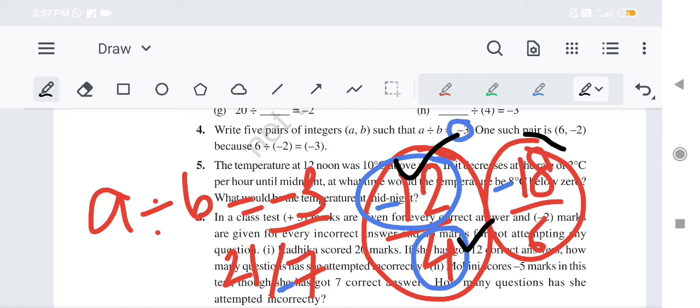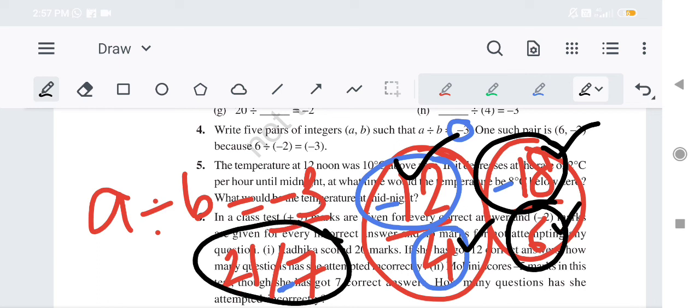If we divide minus 18 by 6, then also we will get minus 3 as the answer, where a is minus 18 and b is 6. In the same way, if we divide 21 by minus 7, we will get the same thing, minus 3 as the quotient, where a is 21 and b is minus 7.